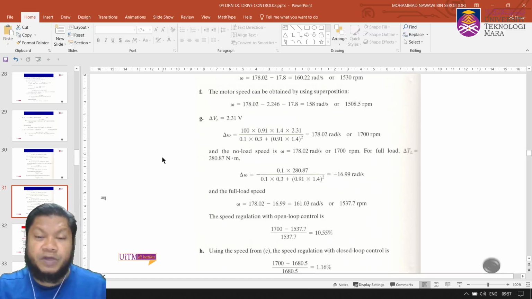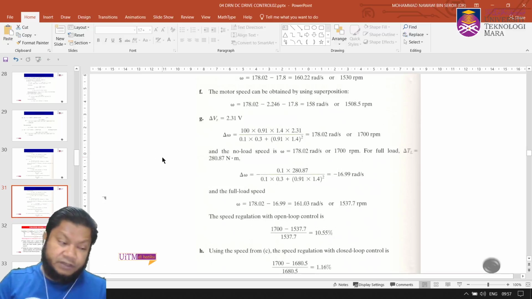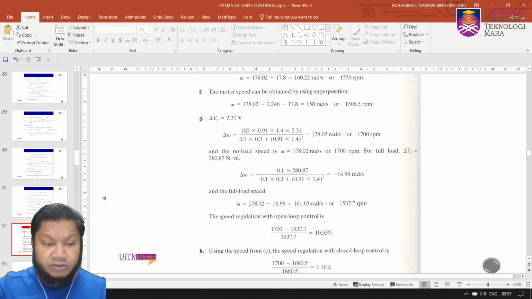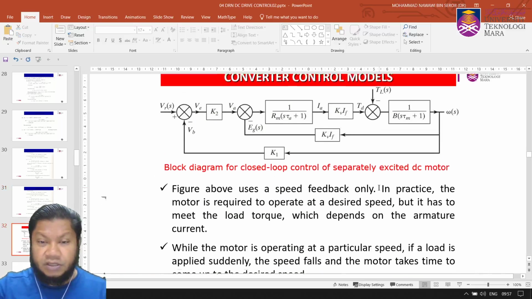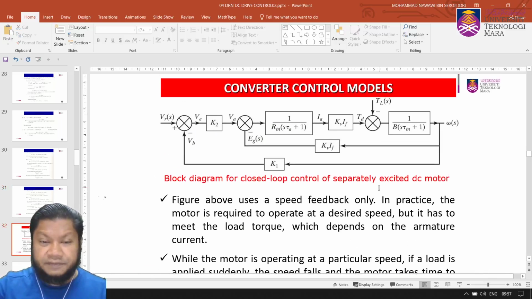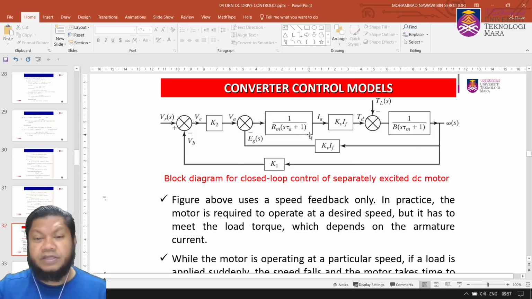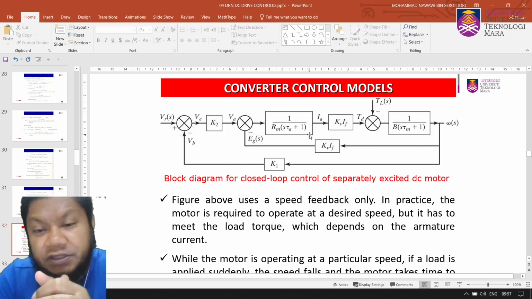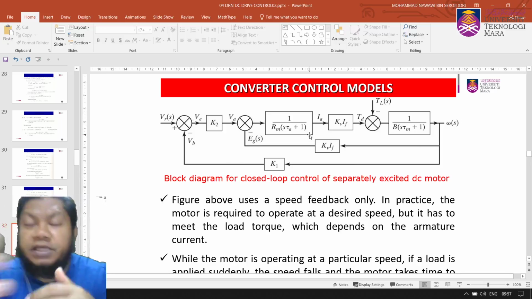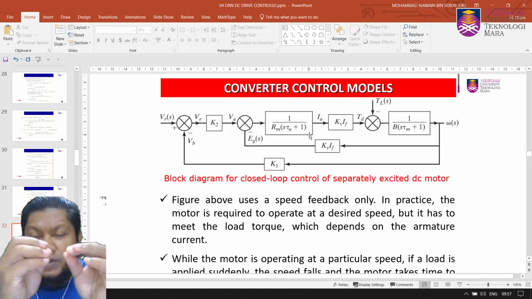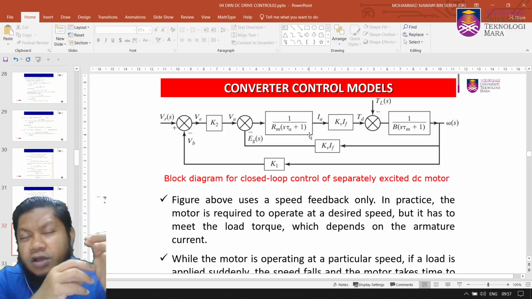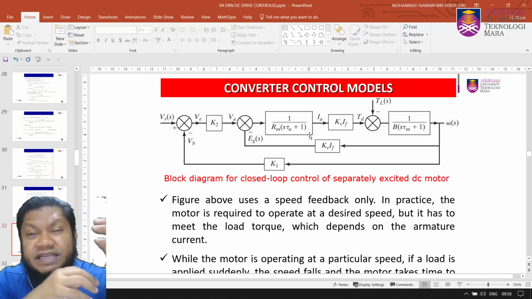We're not actually doing a full closed loop here. This is the converter control model, so that is only up to the converter models. When we talk about controlling the whole system, you have to think about the compensator.